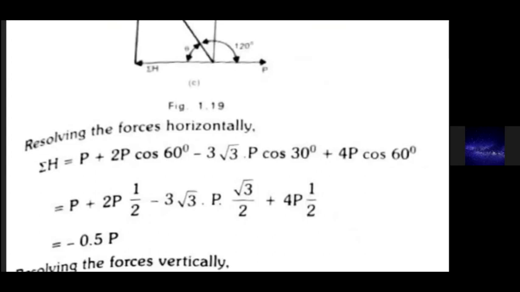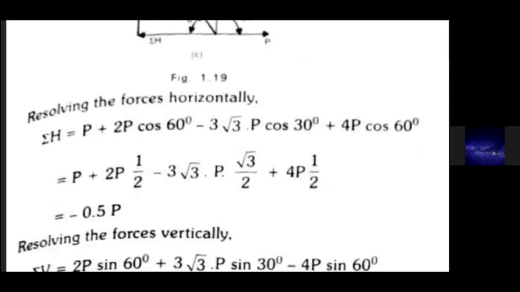So first resolve the forces horizontally and find the total algebraic sum of the horizontal forces. Sigma H is equal to P plus 2P cos 60 minus 3 root 3P cos 30 plus 4P cos 60. Substituting the values, we get sigma H in terms of P, that is minus 0.5P.